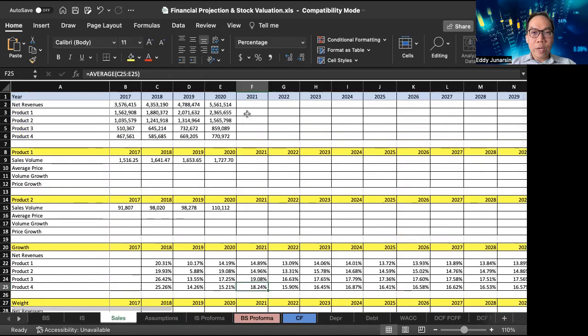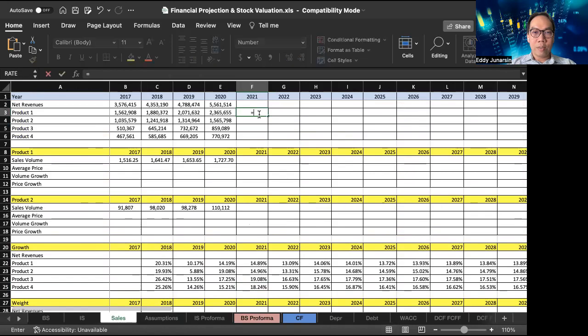Okay, so knowing, or estimating, their growth rates of the four products, then essentially we could estimate what would be the revenues, right, in 2021 for product one, right?